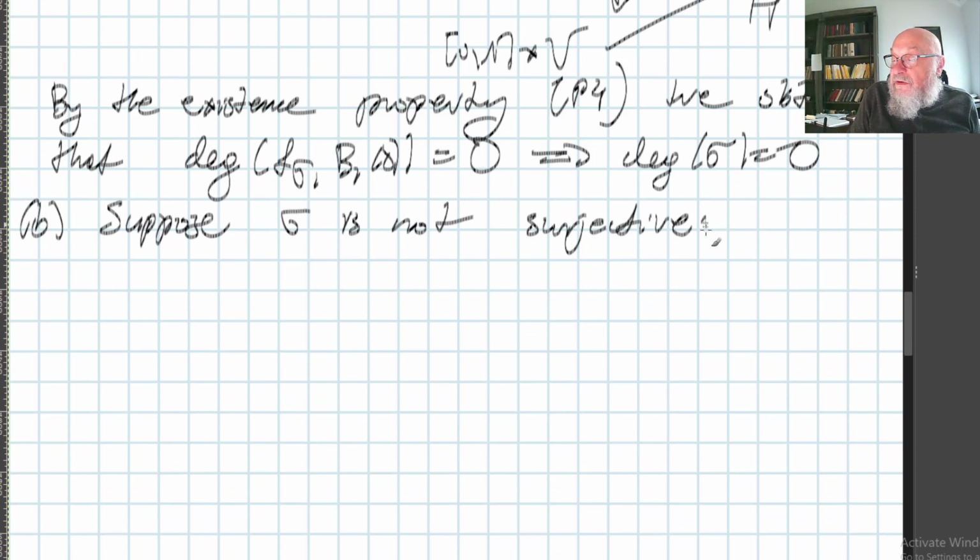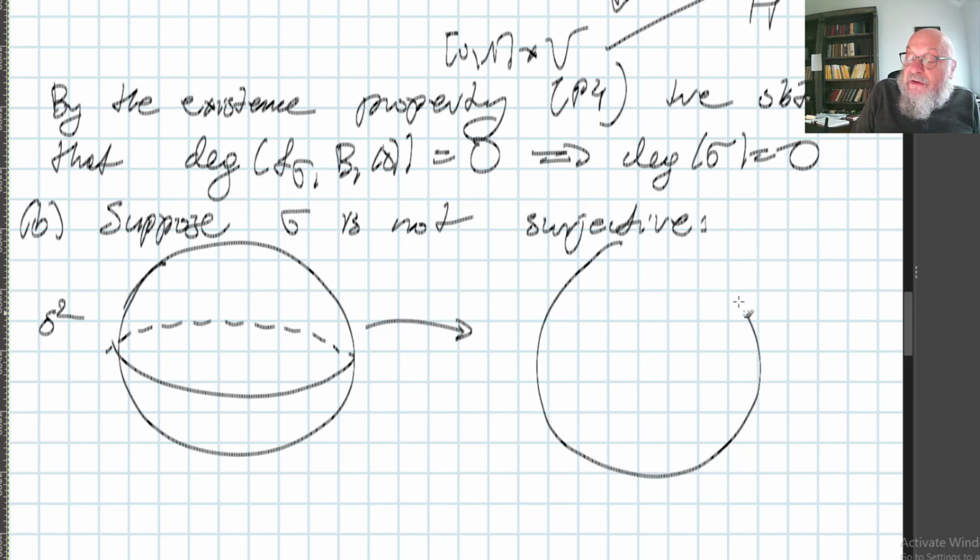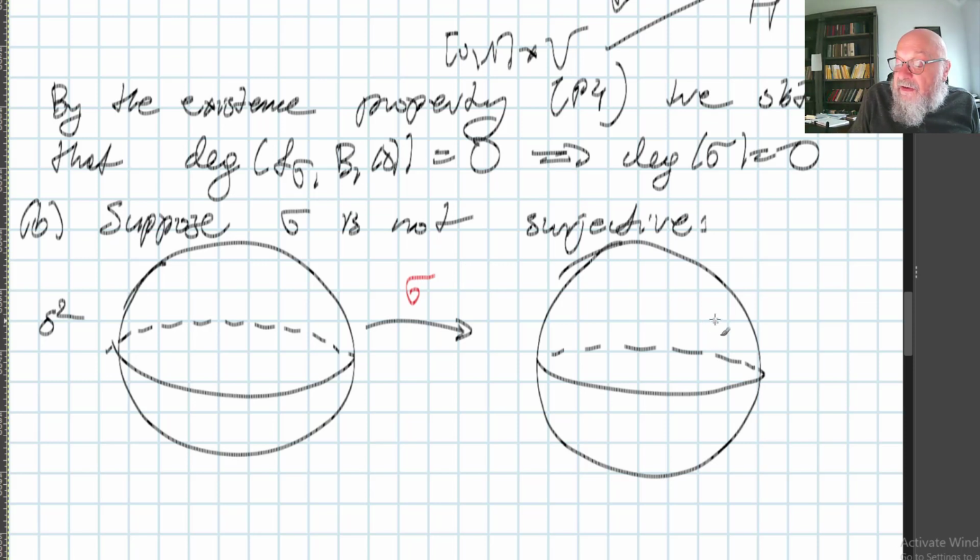So this is my sphere, two-dimensional sphere. So this is my S2, and this is my sigma f, and of course everything goes to the sphere. So here we have the situation that this is my sigma, and my sigma is such that it does not cover.